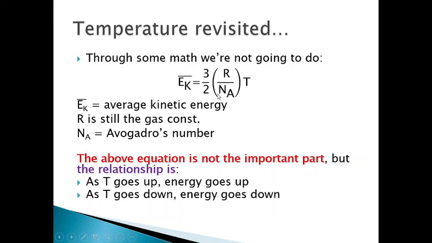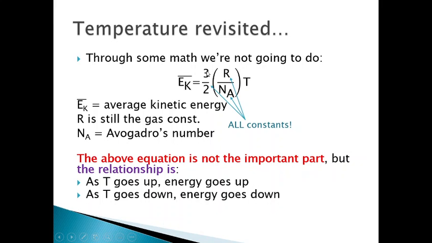For example, this 3/2 is a number, 3 divided by 2. If you want to get fancy, you can also say 1.5. But it's a number. It is not a variable, it's a constant. R is given the name ideal gas constant, meaning it's also a constant. This NA is just another notation for Avogadro's number, 6.022 times 10 to the 23, also a constant.